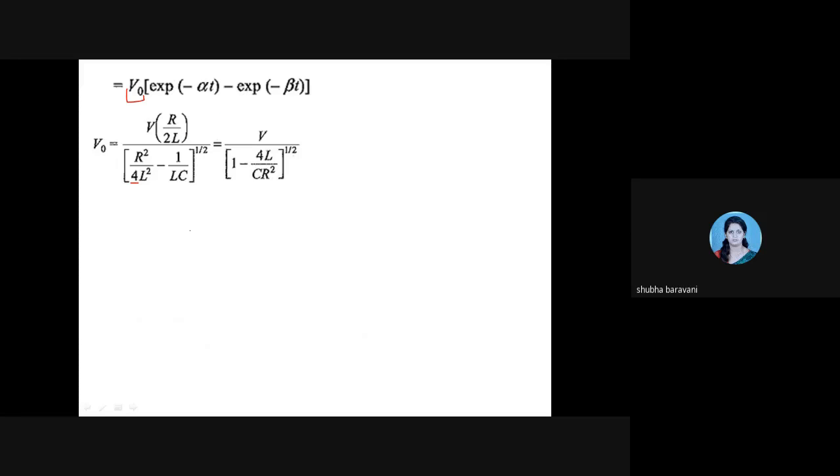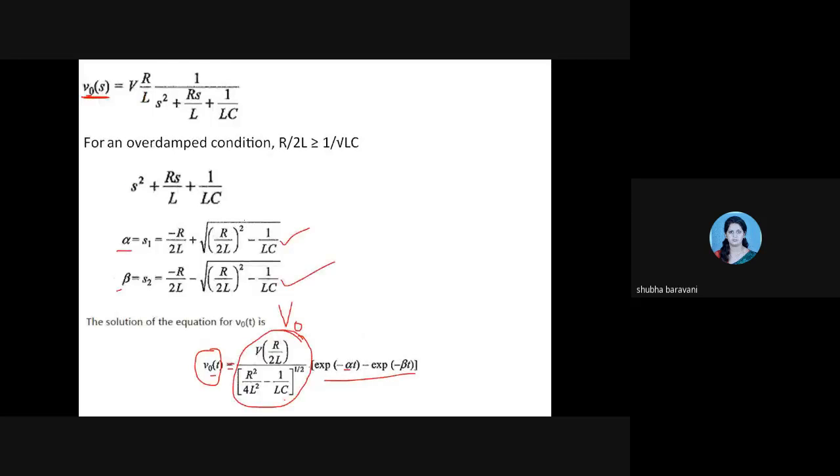Okay, from this, I have the equations. I know what is alpha, I know what is beta. So what you do is calculate the sum of the roots alpha plus beta, and also the product of the roots alpha and beta.